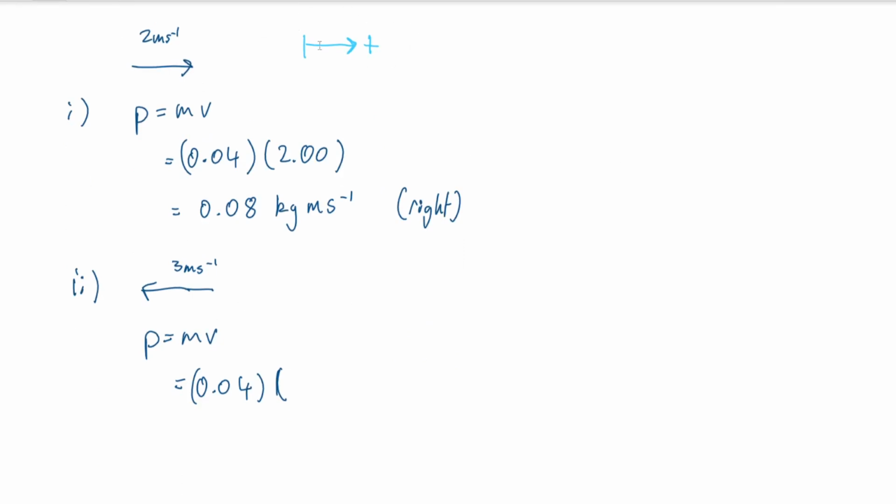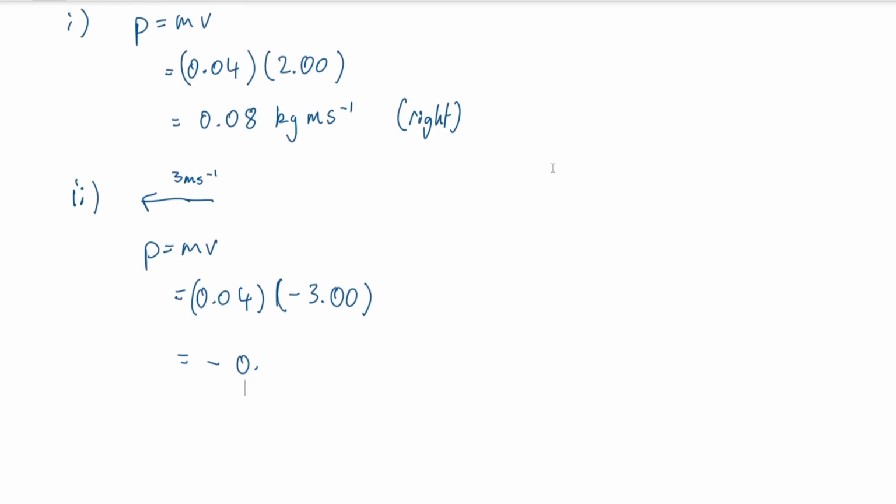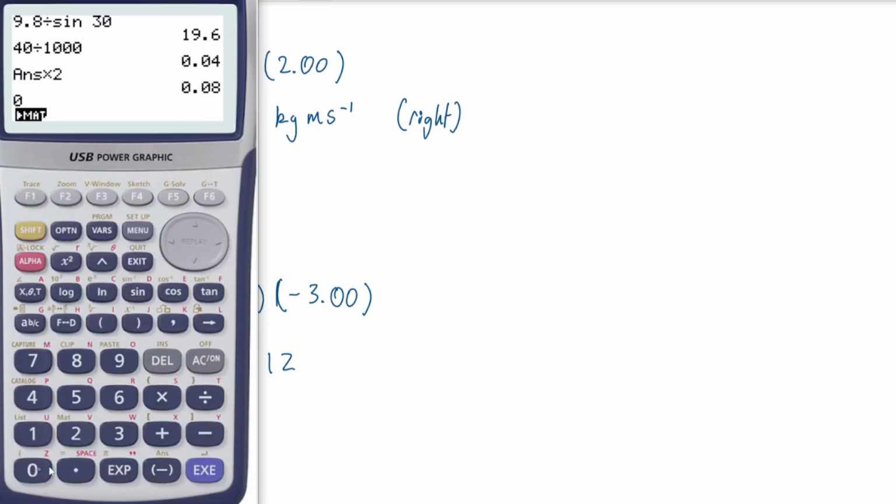So we've defined to the right as positive. So we will input minus 3.00, which will give us minus 0.12. Yep. Always doubted myself.